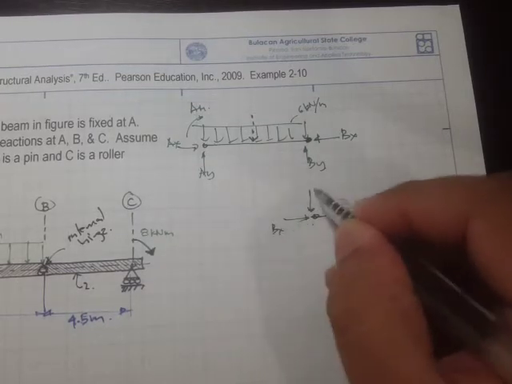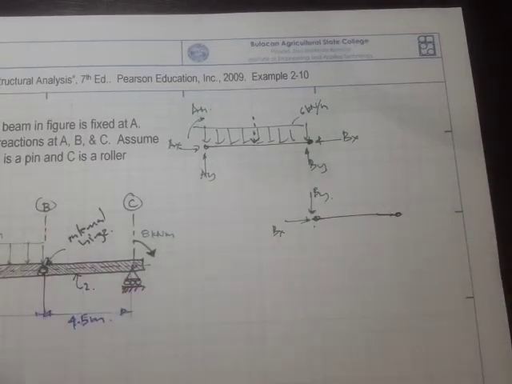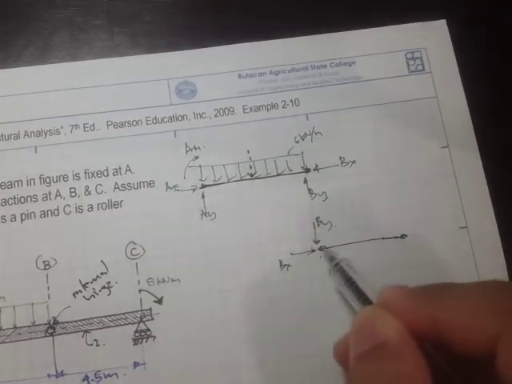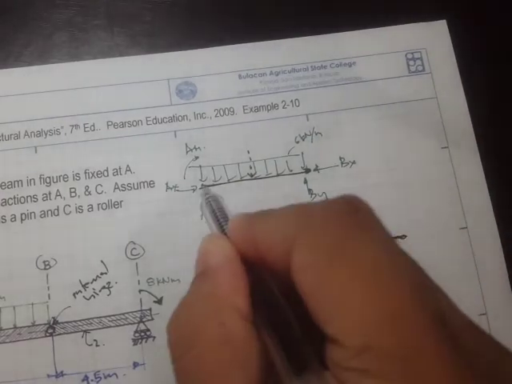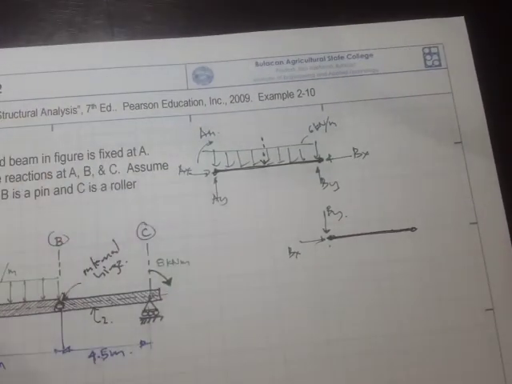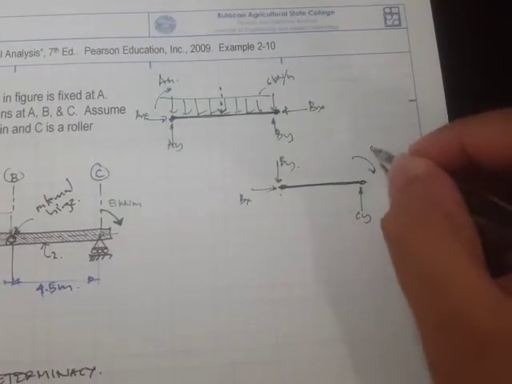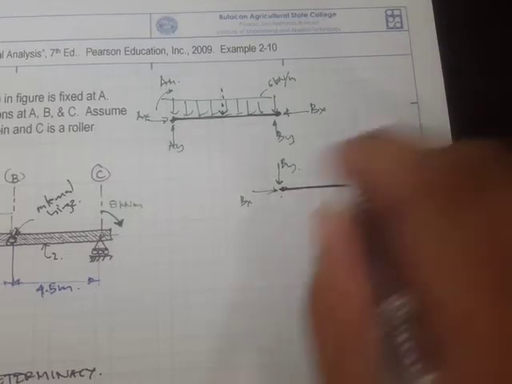So this is bx, by. Okay, and right here this is cy, and we have a moment of 8 kilonewton meter.